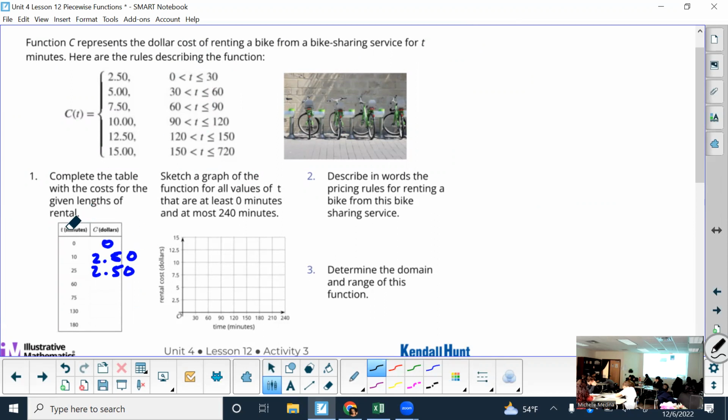All right, so t for minutes, this is what we're plugging in. This one is the one that makes sense, so that's what it costs. 25 minutes. 60 minutes. $5. So 60 is listed twice, but how do you know which 60 value for the cost is correct?